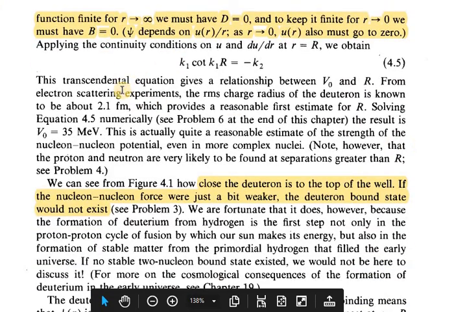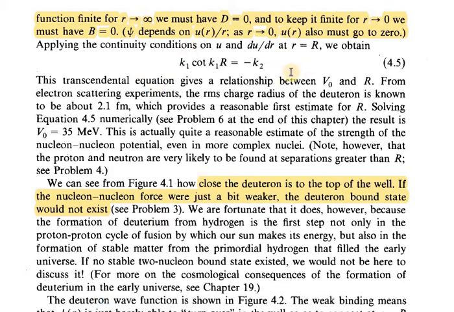Then applying these continuity conditions on u and du by dr at r equal to R, we will obtain k1 cot k1R equal to minus k2. This is also an assignment. You submit this solution. I will give you this as a problem.